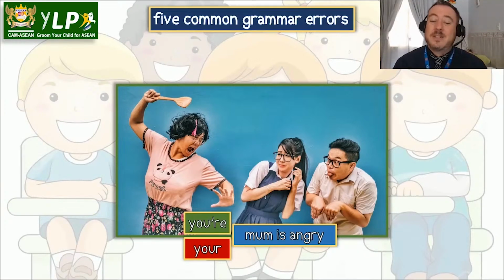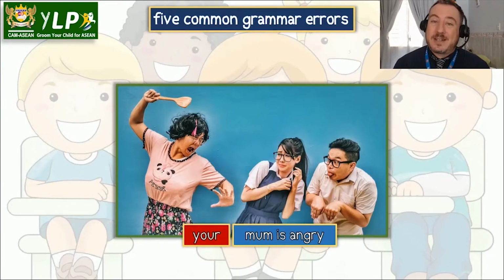Well, the easy way to remember is the green yaw means you are. So say that sentence in your head, you are mum is angry. Does that make sense? No. That doesn't make any sense. So it must be the red yaw. Your mum is angry, meaning the mum belongs to you.